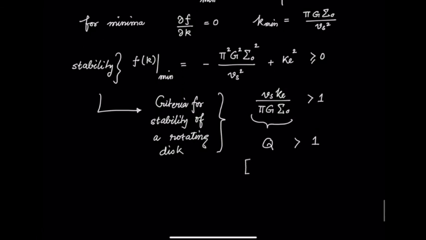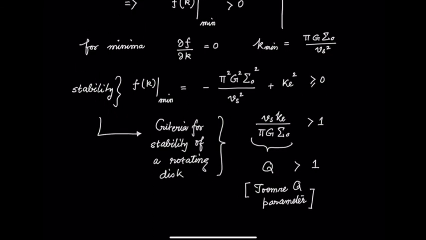Q is called the Toomre parameter. And this stability criteria is called the Toomre stability criteria. Q is often also named as Toomre Q. But you see, just looking at the dispersion relation, maybe the calculation is complicated, you do not go through it. The lecture became too long, etc. But still, we get back the stability criteria for a rotating disk from looking at this.